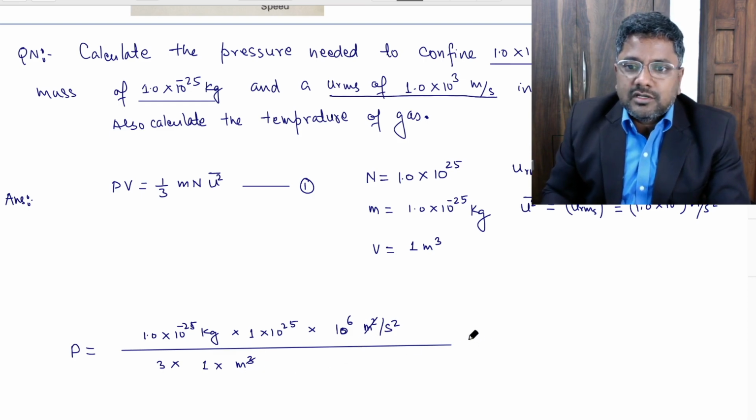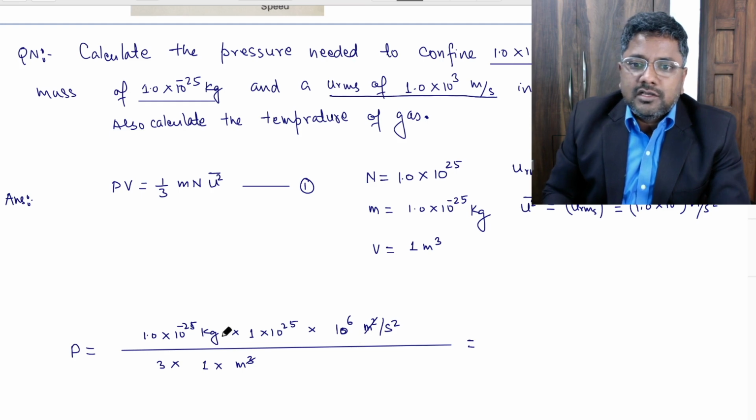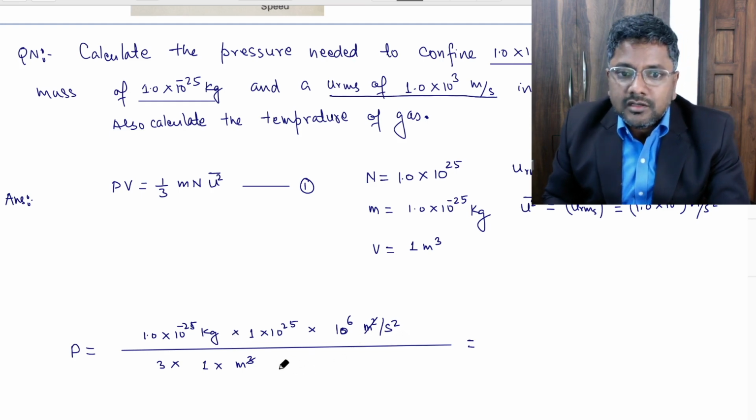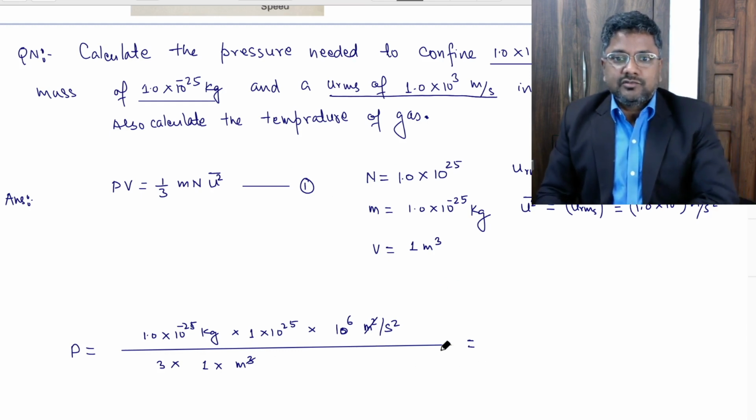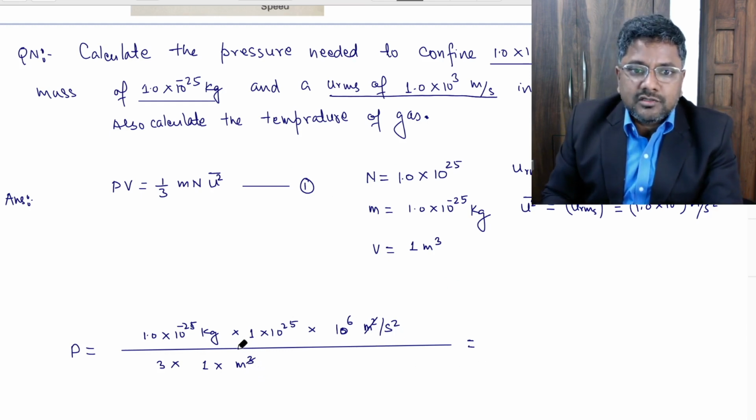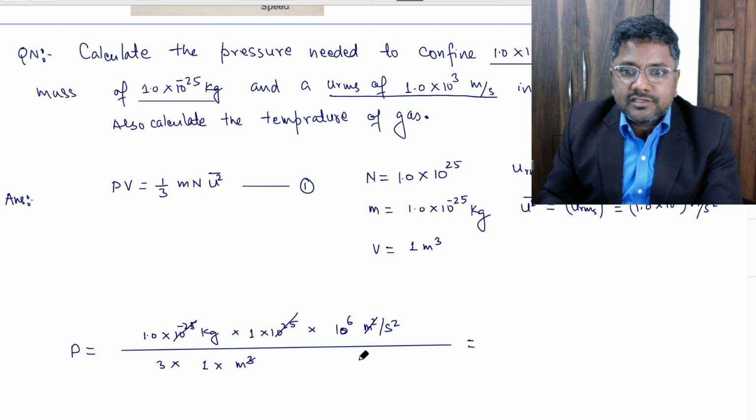So the units are kilogram per meter per second square. On calculation, you will see 10 to the power 25 and 10 to the power 25 cancel.